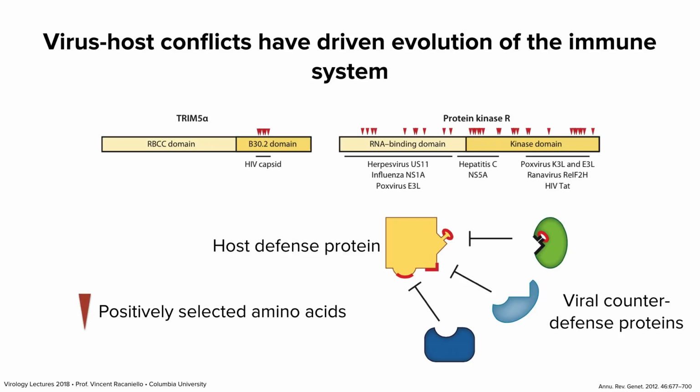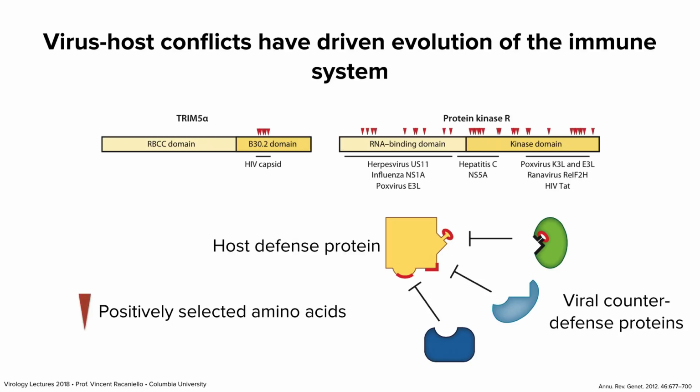Very clear in this domain, and they were eventually mapped to an interaction with the HIV capsid. What this protein does, it binds the capsid of HIV and it causes it to fall apart. So there has been a continuous virus-host arms race between this protein and the HIV capsid. And all those triangles are individual amino acid changes that reflect that, which have been tested using the approach I've just told you.